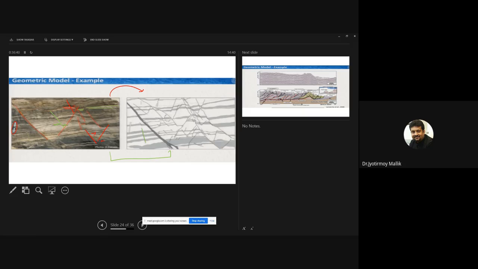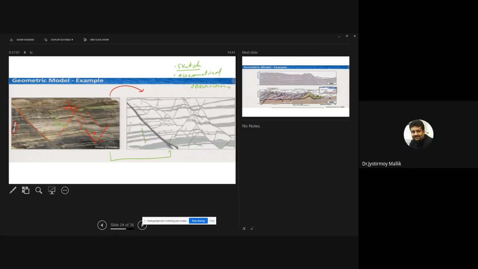The geometrical modeling will, of course, contain a geometrical sketch of what you are observing, and the second thing is your geometrical observations. You get my point, everyone?